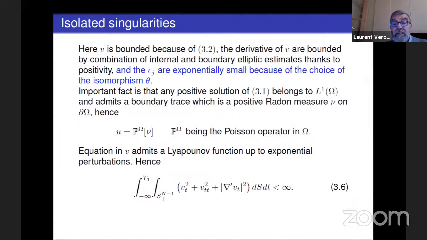And what you get is the Lyapunov type structure here. This is a Lyapunov functional. And the other terms are just epsilon perturbations, so they are integrable up to minus infinity. So it's not a problem.